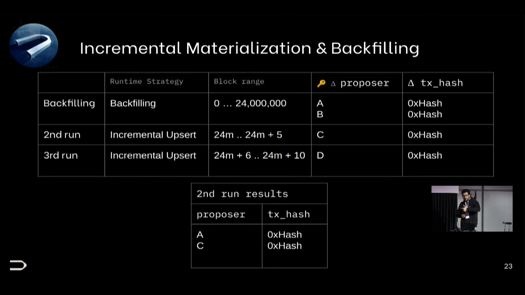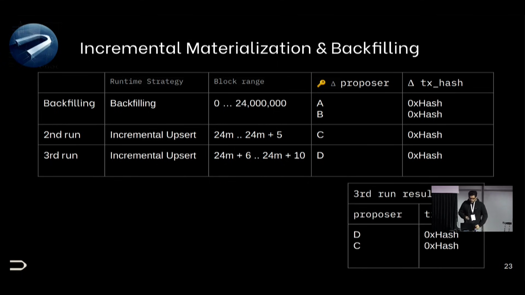Now it transitions into incremental computation. In the second run, if it finds, for instance, A and C, but since A is already here during the backfilling, it's not going to alert me on A, it's only going to alert me on C. And then let's say in the third run, it finds D and C, but it has already alerted me on C, since it's already there. It's only going to alert me now on D. So these are all the alerts. Actually, these two are all the alerts I'm going to receive, because everything which you receive during backfilling is not alerted.